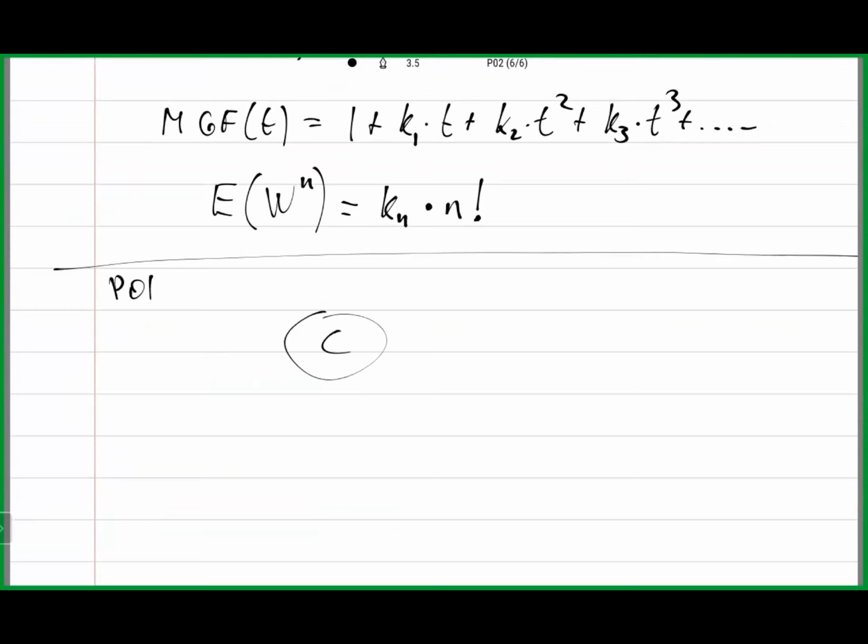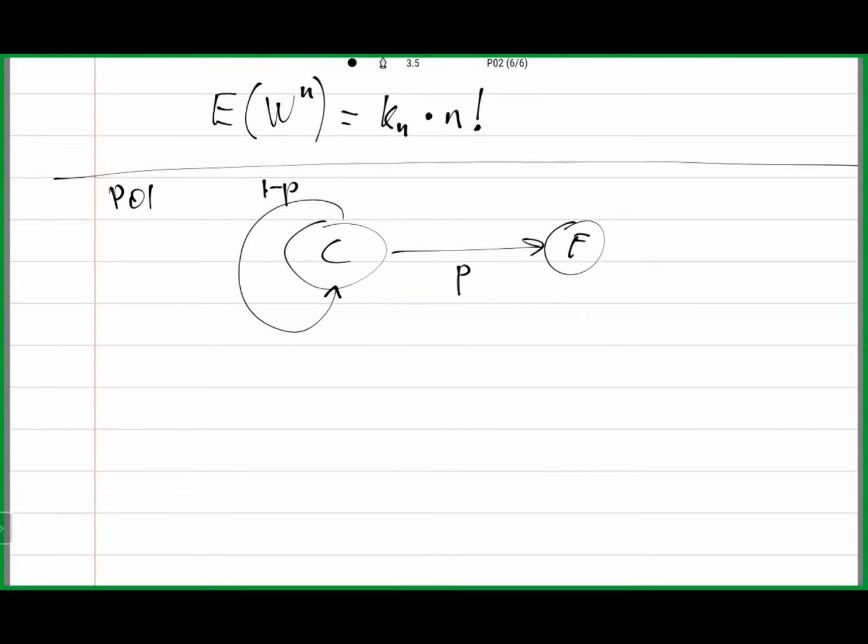We have state continue, state finish, and I don't remember the probabilities, maybe P and 1 minus P or vice versa. Correct me if I'm wrong, but I hope it was P to finish and 1 minus P to cycle. And we have a random number n, the number of steps. With probability P, n is equal to 1, and the exponent of tn is equal to the exponent of t. That's an easy case.